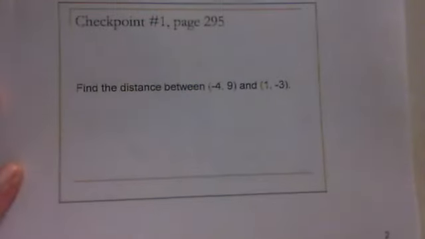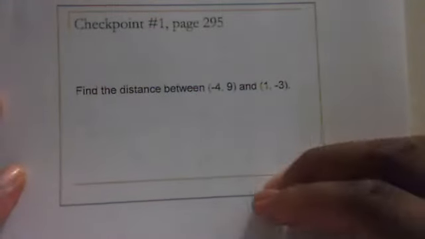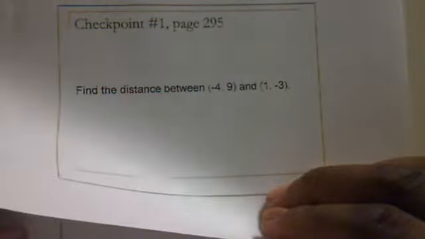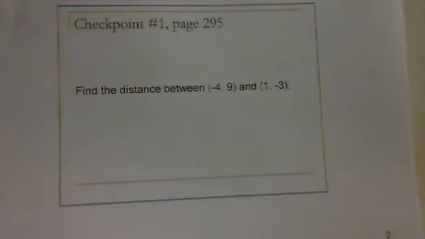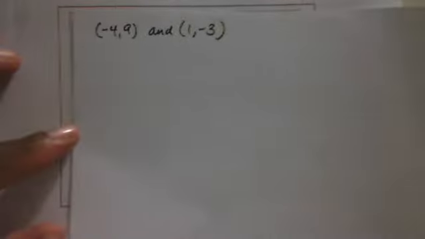All right, now let's look at this particular problem here. Let's say we want to find the distance between these 2 points, -4, 9, and 1, -3. Okay, so these are my 2 points, -4, 9, and 1, -3.